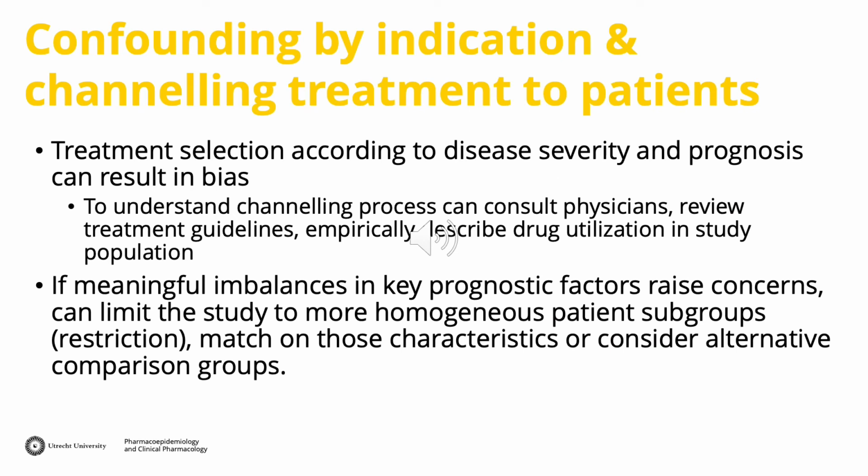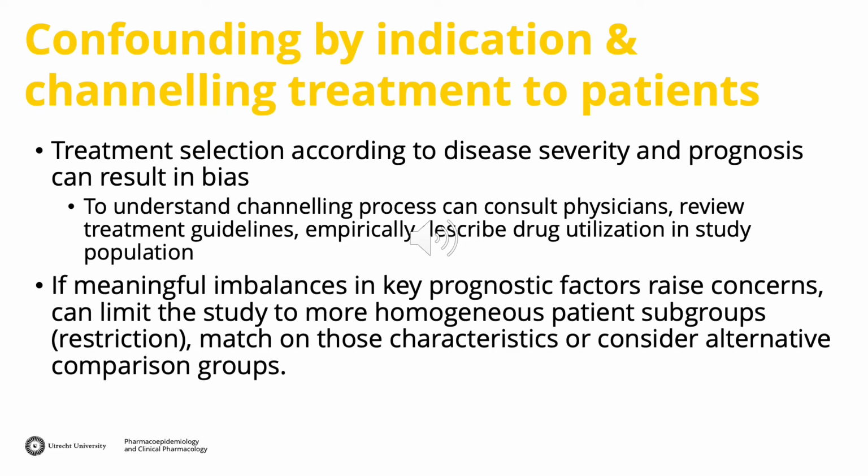In pharmacoepidemiology in particular, we tend to talk about confounding by indication and channeling of treatment to particular patients. This is a specific type of confounding that we talk about in observational drug safety studies. We know that in clinical practice, medication selection is typically done according to a patient's disease severity or their prognosis, and this can result in bias.